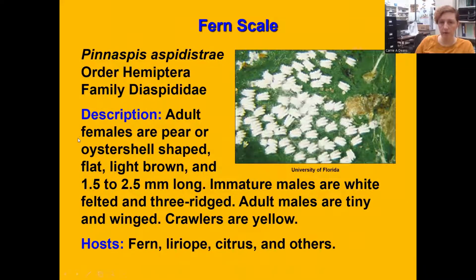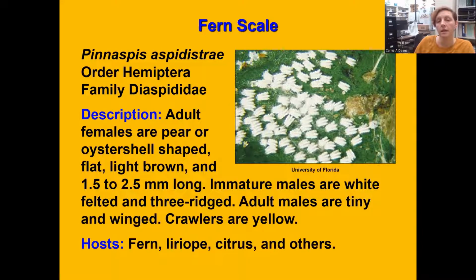Fern scale, so this is another armored scale, and we didn't really talk too much about this, but these have kind of a different type of covering here. So the scales we've seen so far have had sort of a really smooth, aerodynamic look, but there are some scale species where the waxy coating that they exude actually looks more like filaments, and it tends to look almost like a fluffy substance, something like cotton.